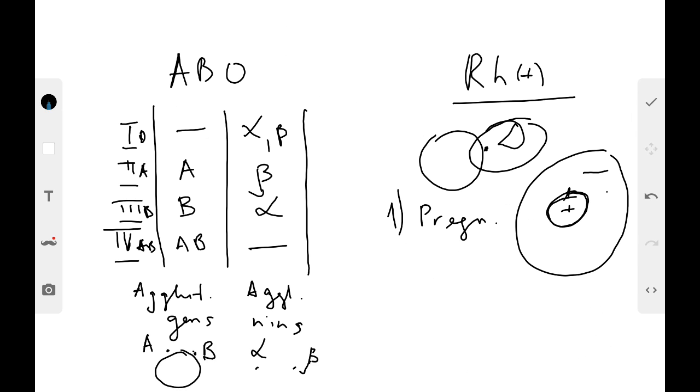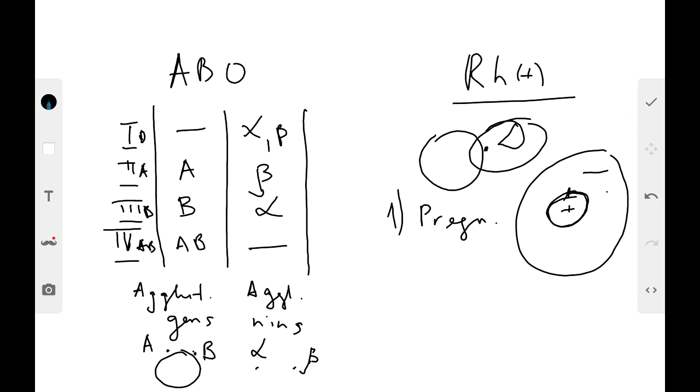So during the first pregnancy usually everything is okay, but during the second pregnancy, if the fetus is again positive, the mother's immune system will produce aggressive antibodies, and it may be a serious problem for the pregnancy, for the fetus.